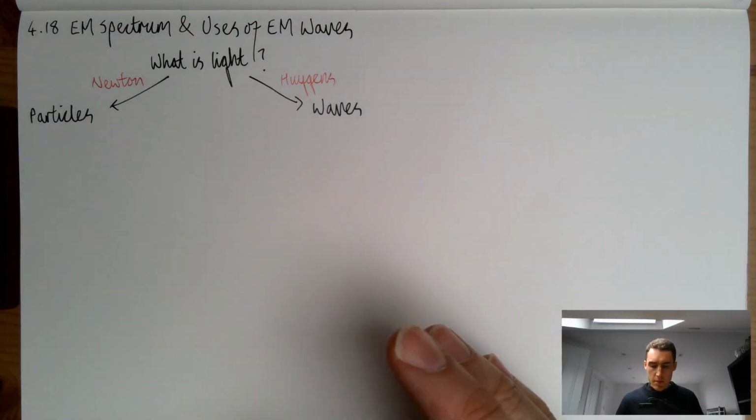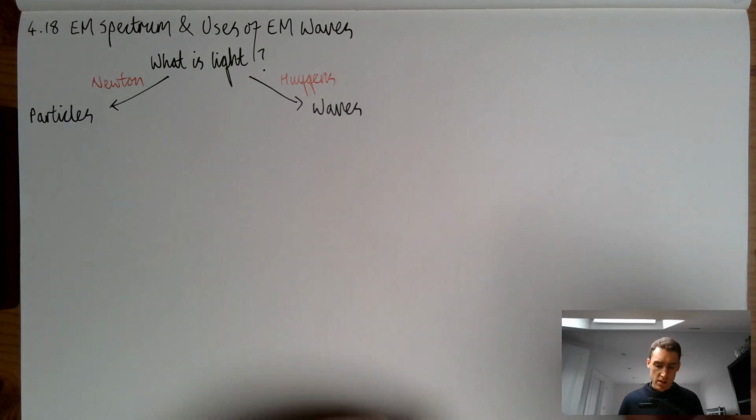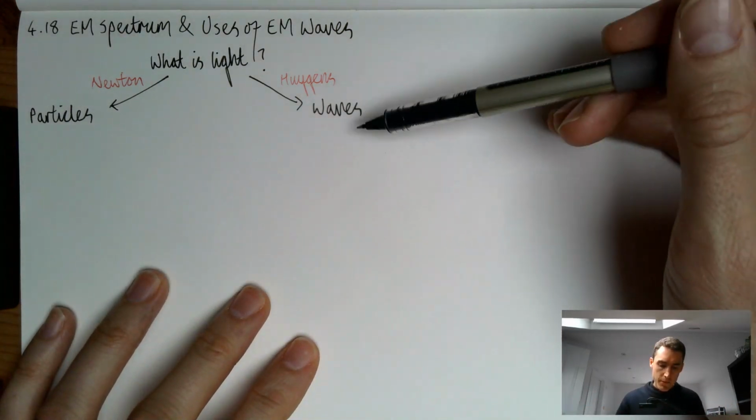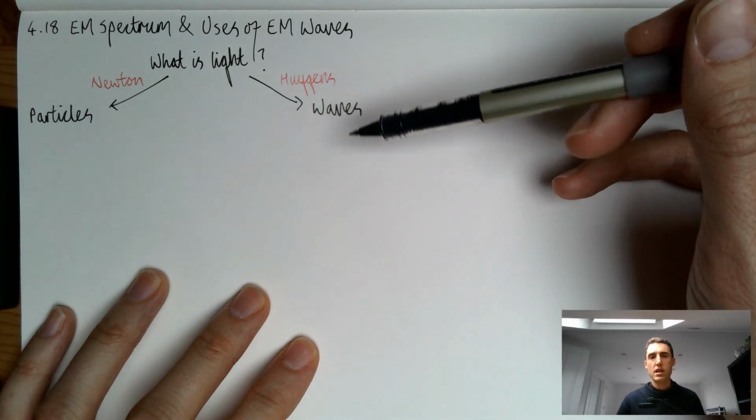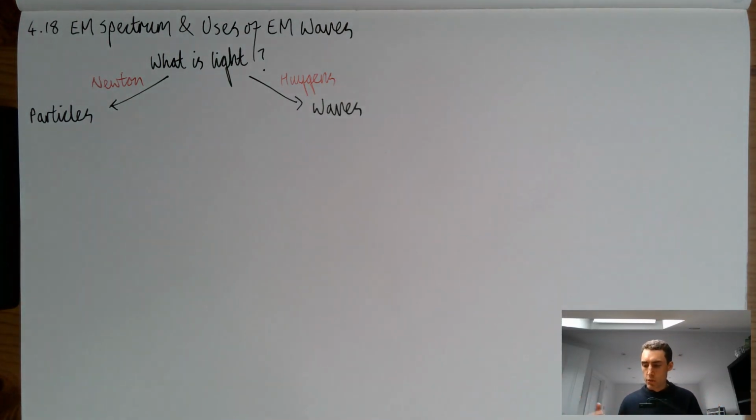But we want to remind students that it was agreed upon by scientists that the best theory was that light is made up of waves. The reasons for that are to do with diffraction, which we haven't really studied in much depth, if at all. But essentially, that was what framed the study of this whole unit of work about waves.